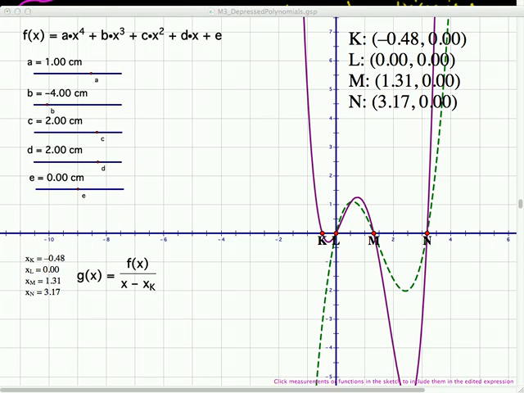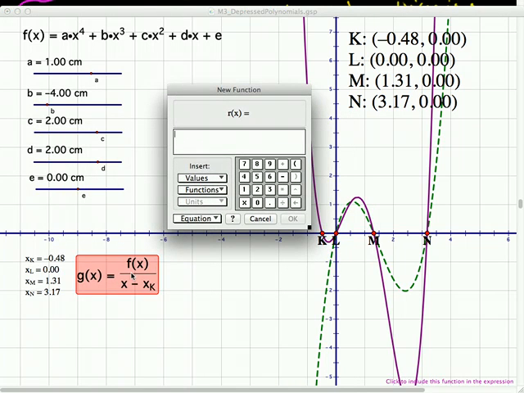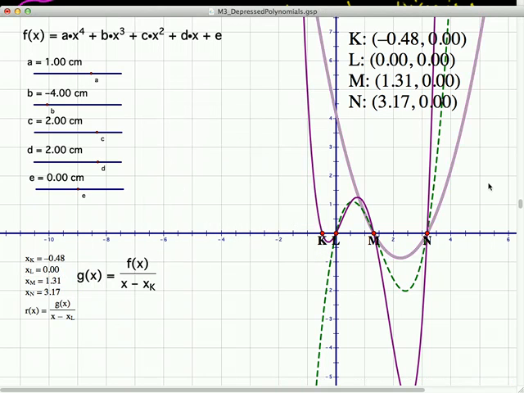Let's graph a new function. Let's see if I can do this. What if I divide function g of x by a new expression, which would be x minus, and let's just say this point L, or something like that. All right, so if I take my depressed polynomial and divide by another of its x-intercept factors, theoretically, check this out.